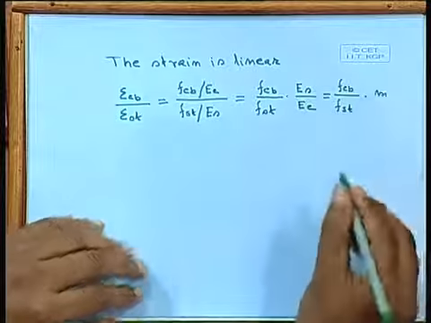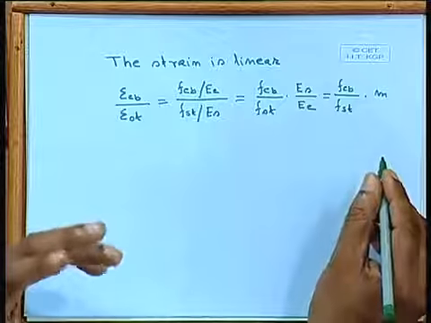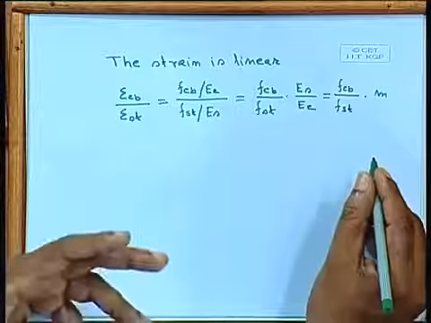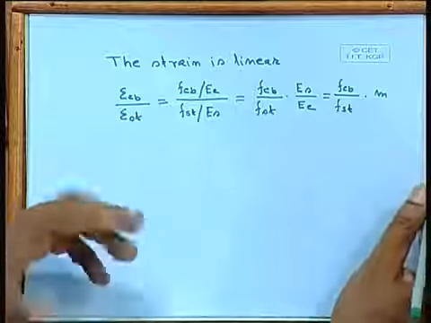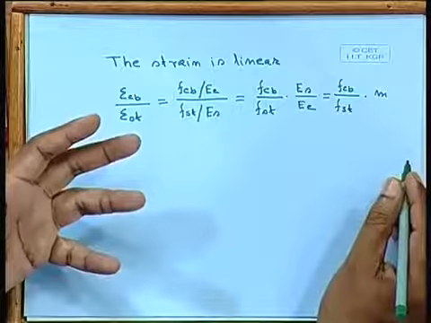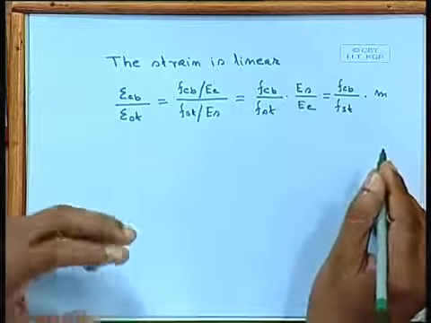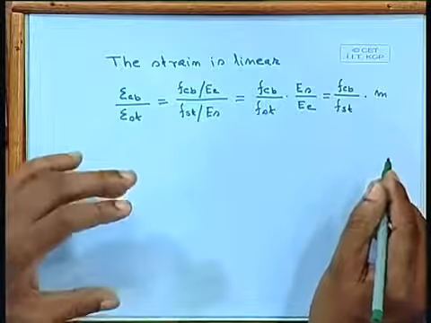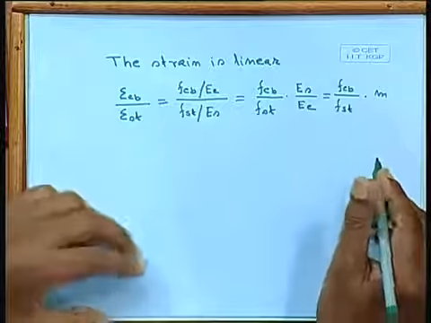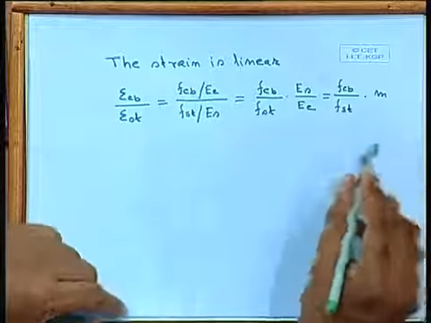E_s by E_c is nothing but m, the modular ratio, and working stress method is nothing but the modular method also. That is the governing one in our whole design.